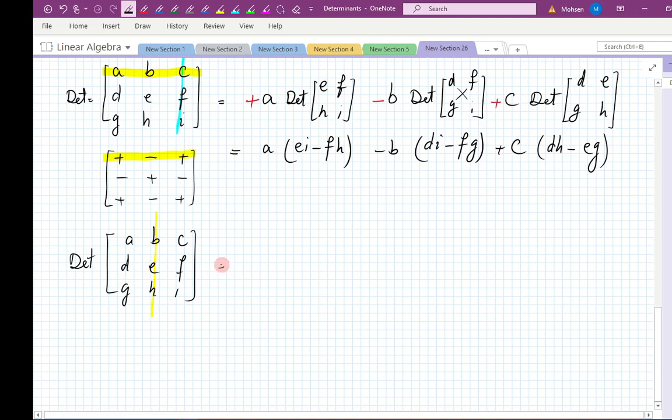Now I go ahead and write the elements that I picked here, B, E, H. Pick the signs according to this sign table. So it's minus first, and then a plus, and then minus. So in this case, maybe I should have used a different color here. That's a good idea. At any rate, you get the idea. So now I'm getting these guys to go with those guys.